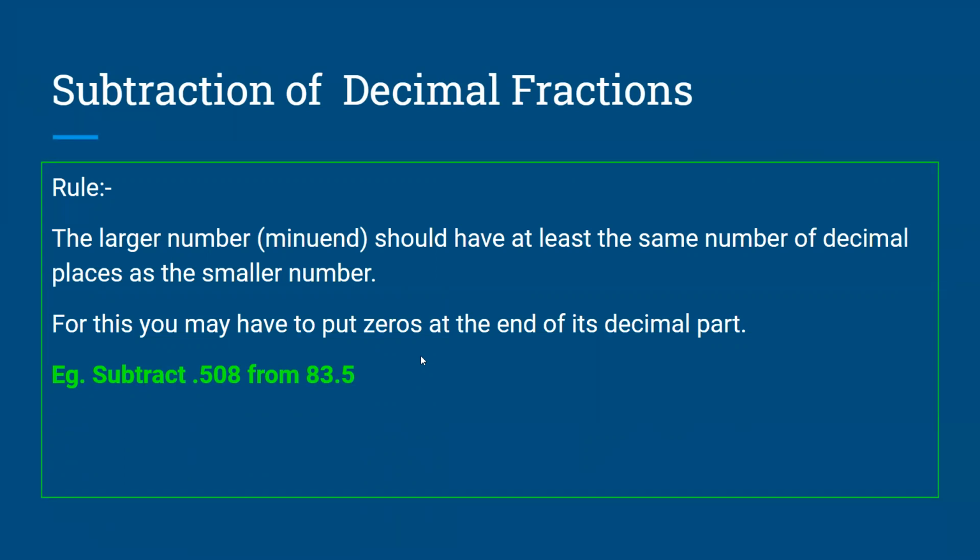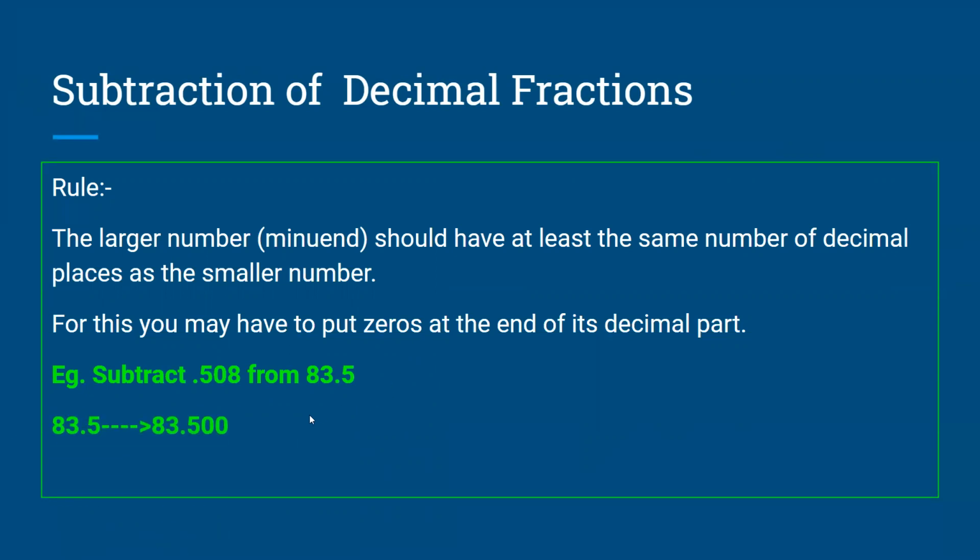Look here, the larger number is 83.5. Minuend is 83.5. Here, after decimal, only one digit is, that is 5. But in the smaller number, there are 3 digits after decimal. So we will put zeros there so that the digits after decimal will become same.